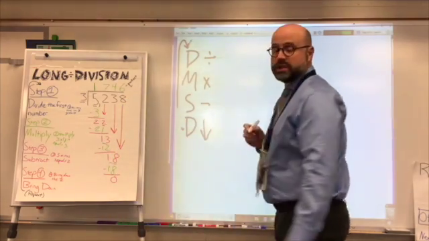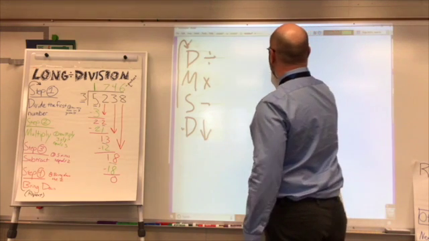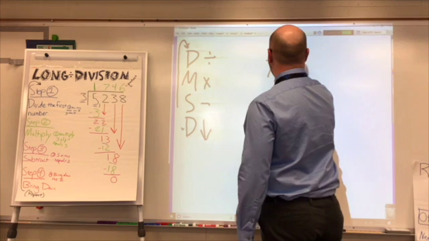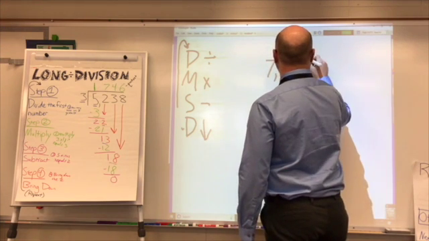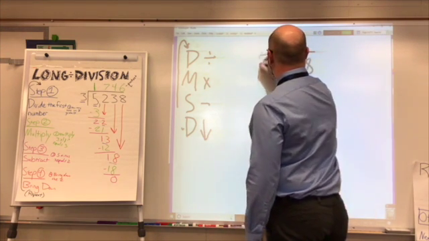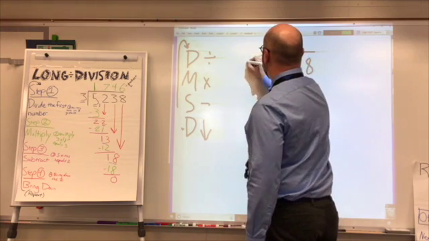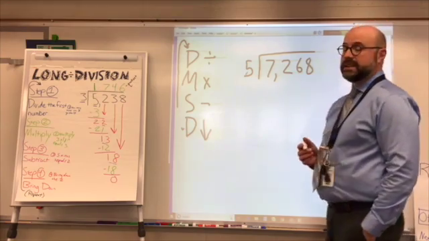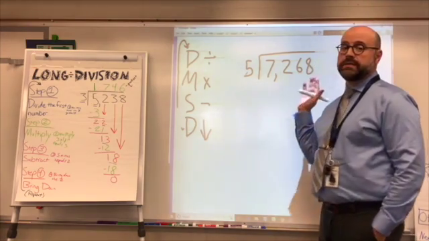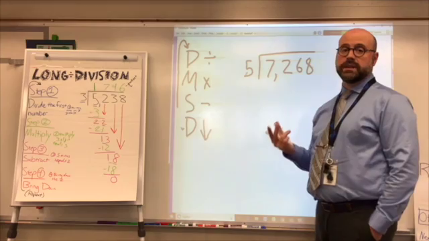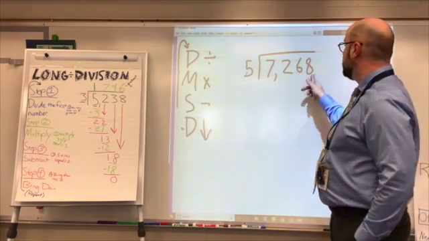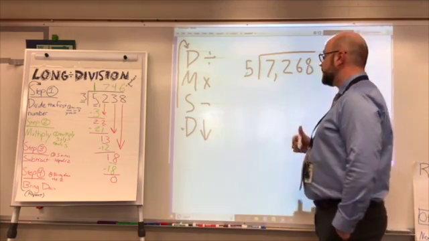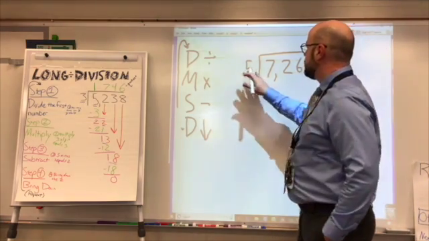We're going to do a 4-digit number divided by 1 digit: 7,268 divided by 5. I can tell you that's going to have a remainder, because 5 will divide evenly into a number that has 0 or 5 at the end, but this has an 8, so we're going to have a remainder, and that's okay.